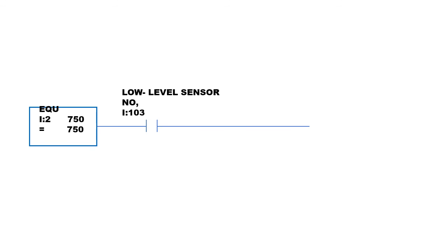So there's another diagram. This is the steam outlet output. It means another outlet output. This is a low level sensor; if the low level sensor is turned off, it means the tank is empty. In other words, the steam outlet output will be turned off automatically.